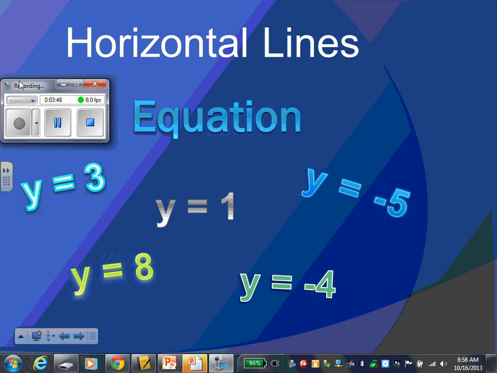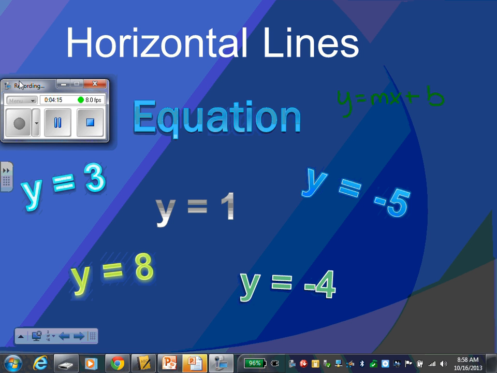Almost. If most of our lines follow y equals mx plus b, explain to me, what's the slope of a horizontal line? What is it? If slope is 0, what happened to the x?